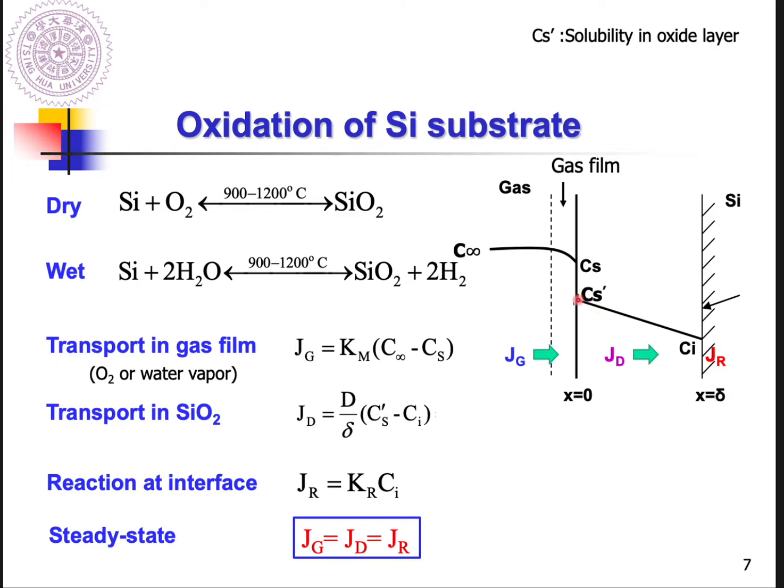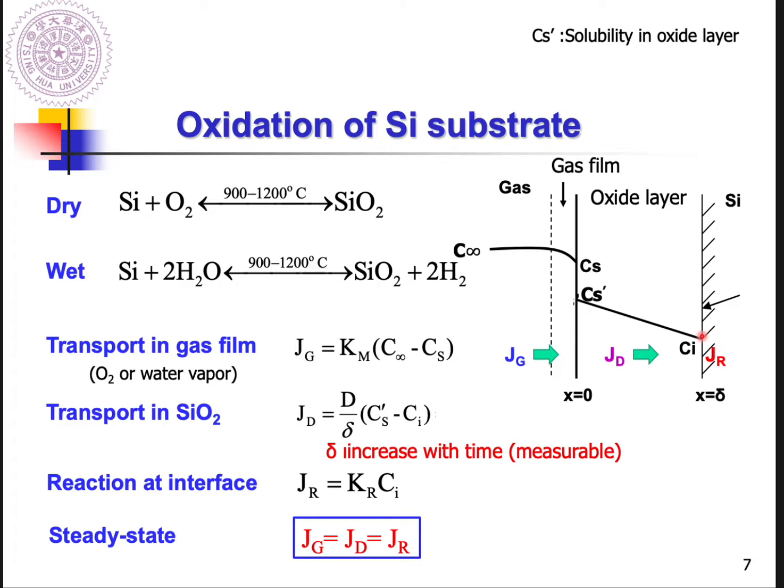Here, if you want to draw the concentration of oxygen, we write it as Cs prime in this oxide layer. What is Cs prime? It's the solubility of the oxygen in the oxide layer. Within this layer, the oxygen is also going to diffuse through this oxide layer to reach the surface of the silicon substrate and continue the oxidation steps.